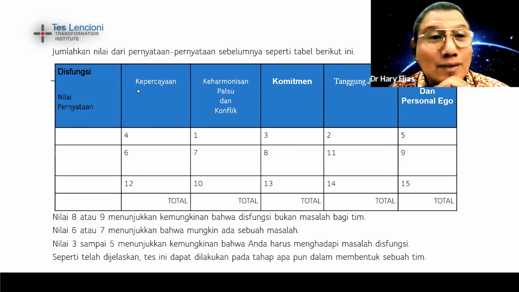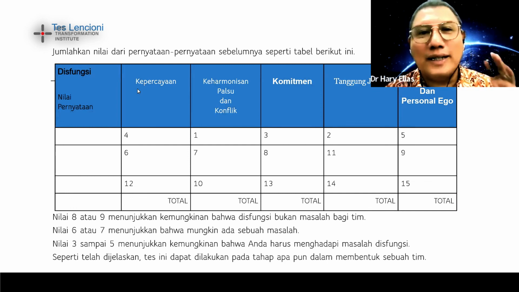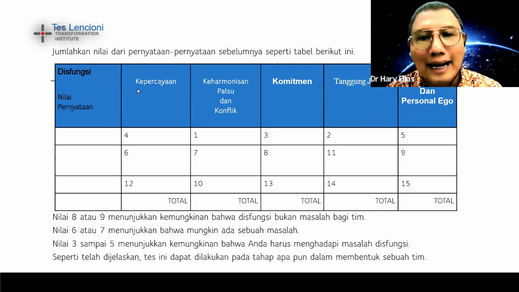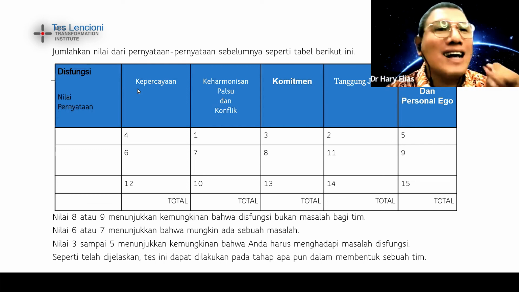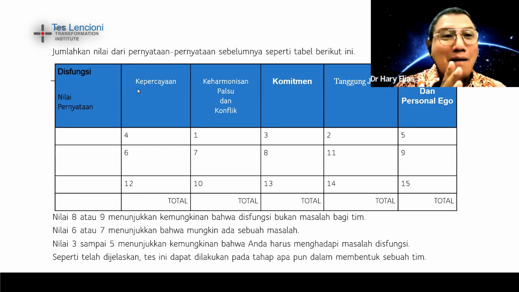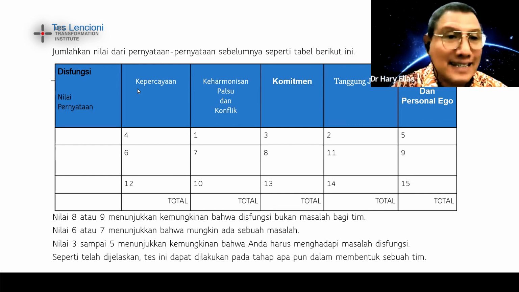Karena ini sensitif sekali. Kalau nilainya, misalnya keharmonisan palsu dan konflik. Kalau nilainya 8 atau 9, itu menunjukkan kemungkinan bahwa disfungsi bukan masalah untuk tim ini. If your nilai is 6 atau 7, itu menunjukkan bahwa mungkin ada sebuah masalah.